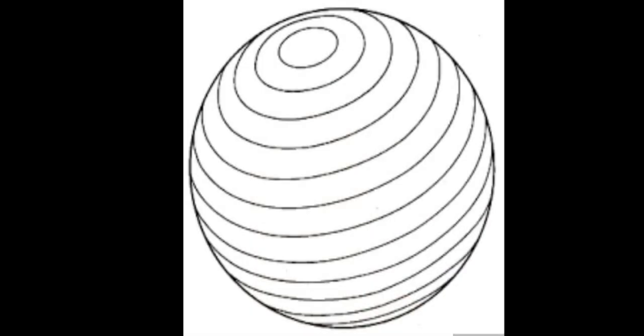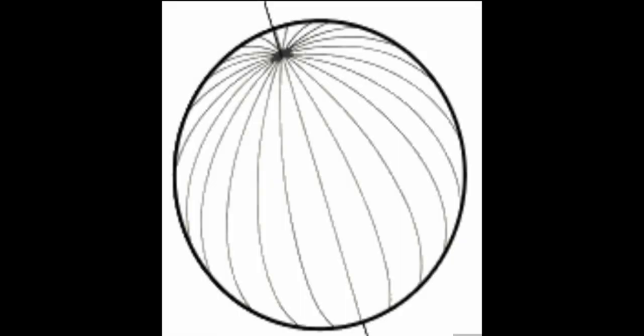The complete circles running from east to west are called latitudes or parallels of latitudes, and the semicircles joining the North Pole and the South Pole, which are running from north to south, are called longitudes or meridians of longitudes.